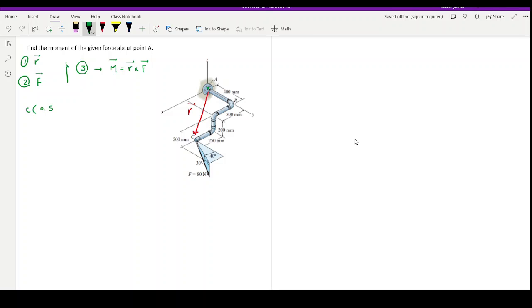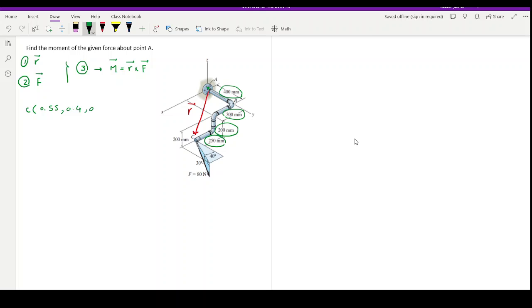So C has an x component of 0.55 meters. This is 300 and this is 250. Together it's going to be 550. And its y component is 400. That means that it's 0.4. And for the z component, you can see that it's negative 200.